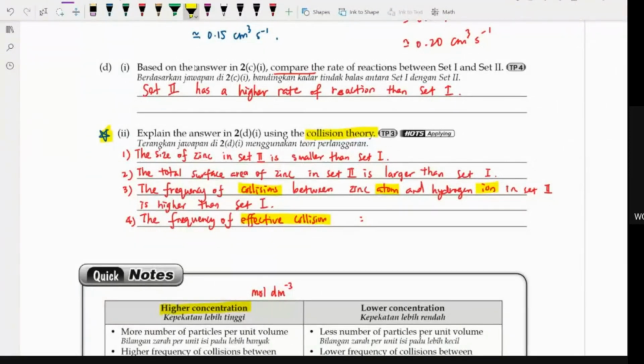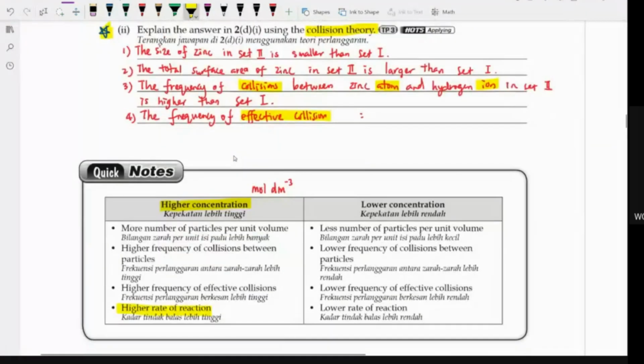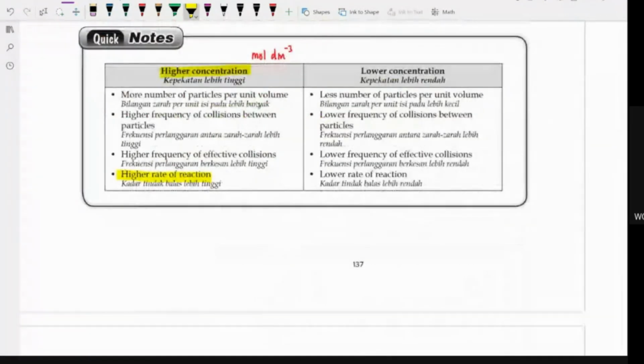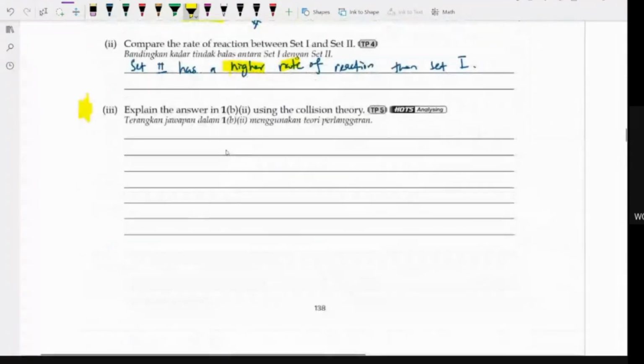Any question, class? Anything you want to ask? Okay, next one is the concentration factor. Now you can use the factor of concentration. You try this one, later we discuss together.